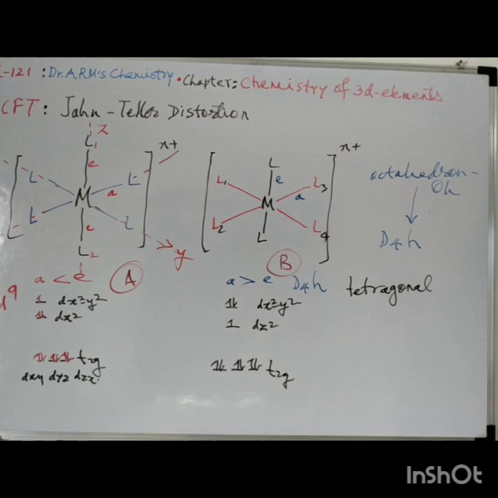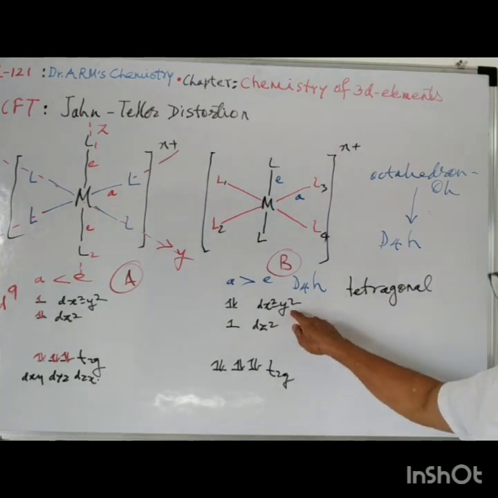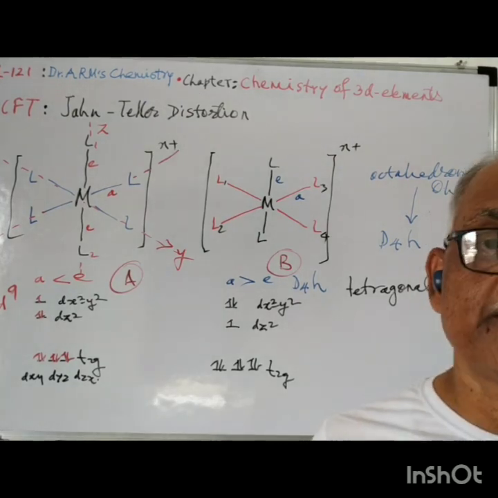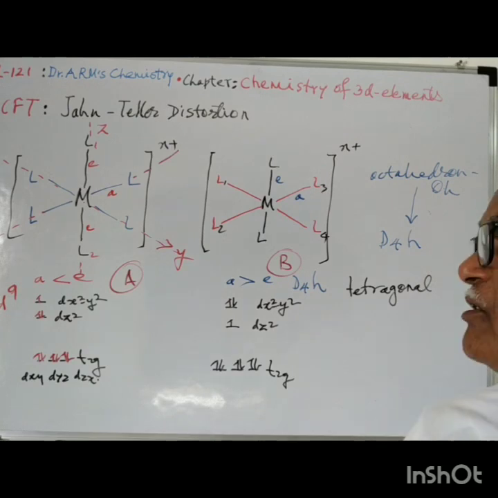So the destabilization is taking place in the direction of dxy and dx2 minus y2. So this is about the distortion called Jahn-Teller distortion.